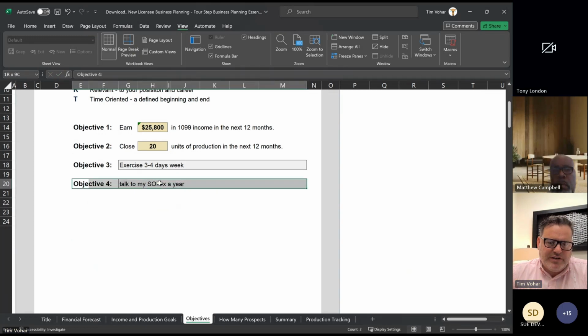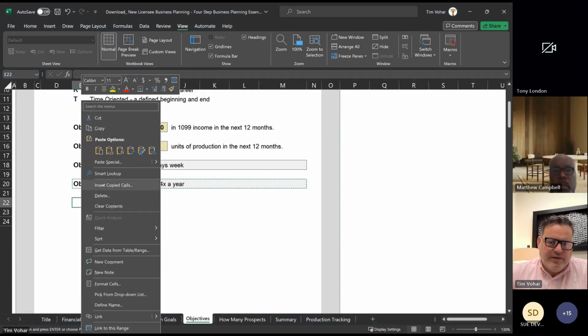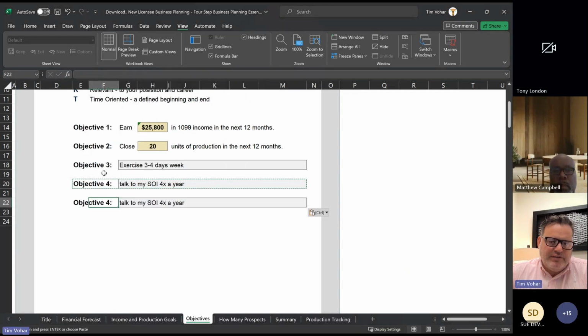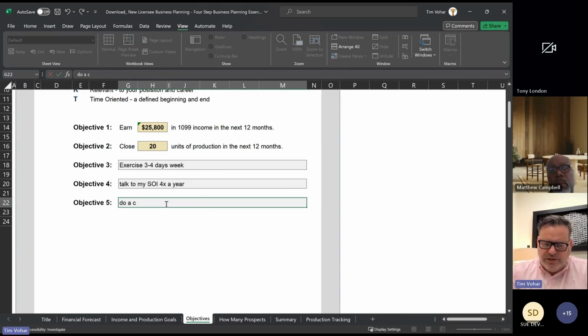It's just copy and paste. And you can change that right there. The objective 5. Do a client party, whatever it might be that you want to put in.